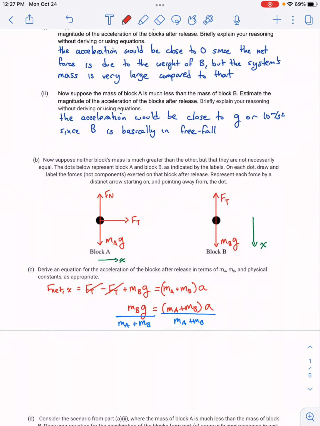And so the acceleration is just mB times g over the mass of A plus B. Remember, mBg is our net force, and this is the mass of the system.